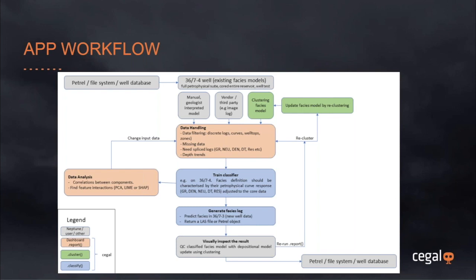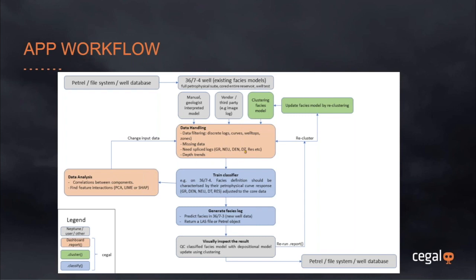We also realized when we were going through this that it would be nice to have an option for when you do not have a lithology interpretation present at all. So we added a clustering step where we could just input well logs from the type well and have a clustered lithofacies model that could then be input into this classifier build. So that's this option here.